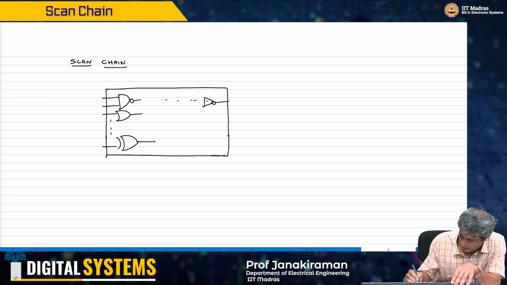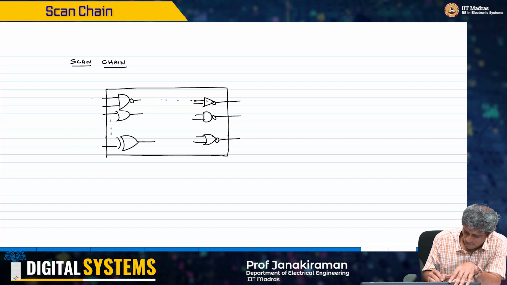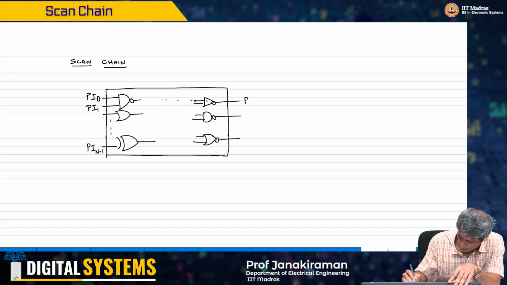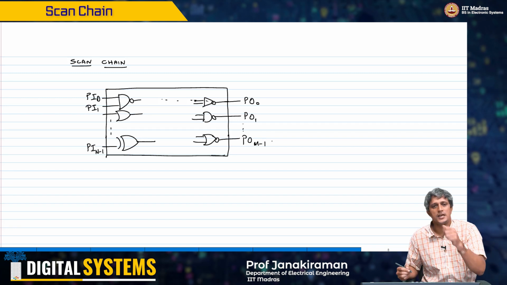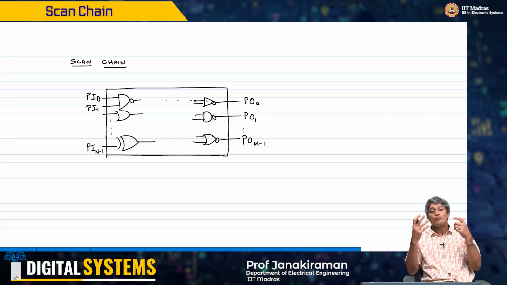So finally you will have some number of outputs like this, right? These are all primary inputs, primary input 1 all the way to primary input n minus 1. These are primary output 0, primary output 1 all the way to primary output m minus 1. So n inputs and m outputs, and this circuit could have millions of gates.